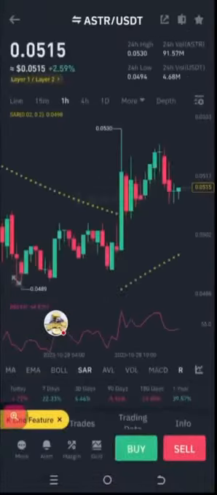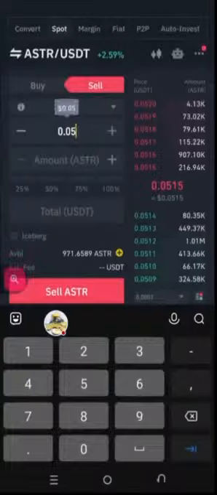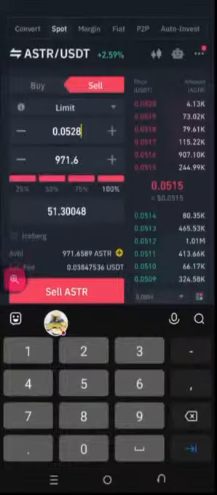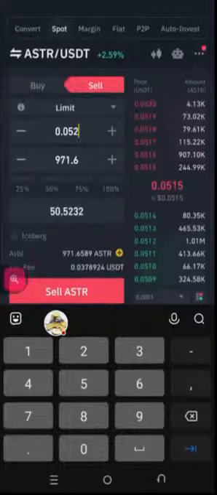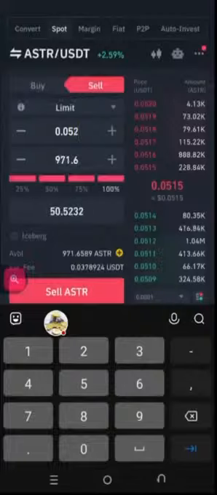Let's sell. What's the highest? 5.30. Okay. So let's just put 5.28. Let's see what 5.2 will give us. Oh no, just 1%.